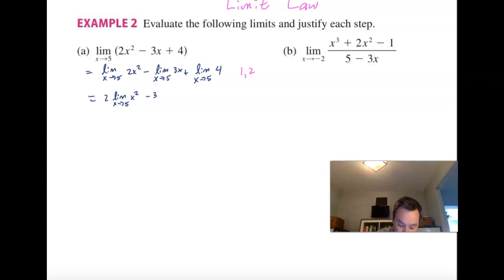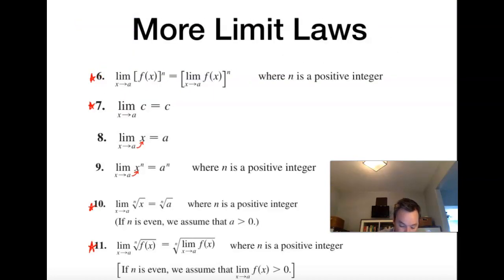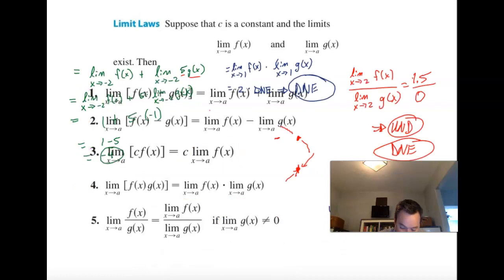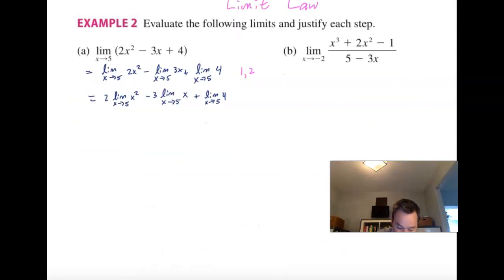Same thing for the second term. And I'm just going to leave this one alone for now. But the limit law that said I could factor out constant multiples, that was limit law 3. I'm going to say right there, I used limit law 3.